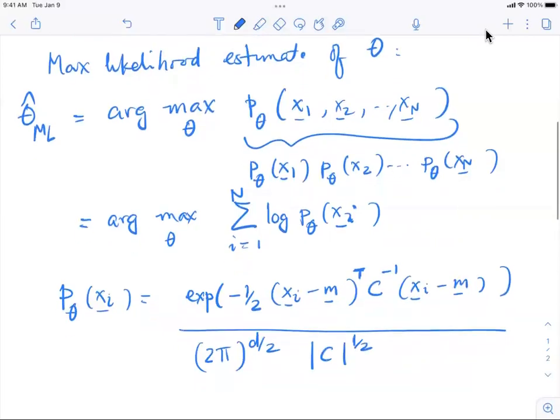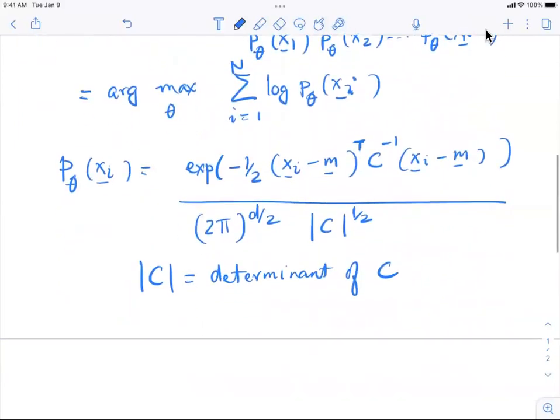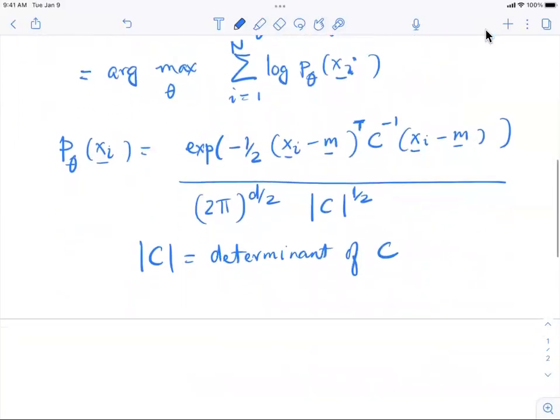So the absolute value sign denotes the determinant of C.